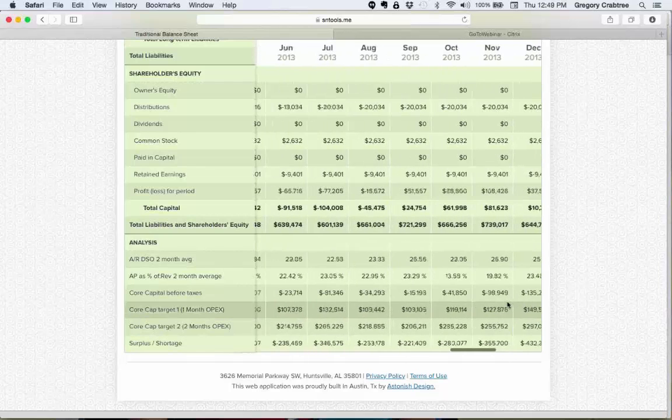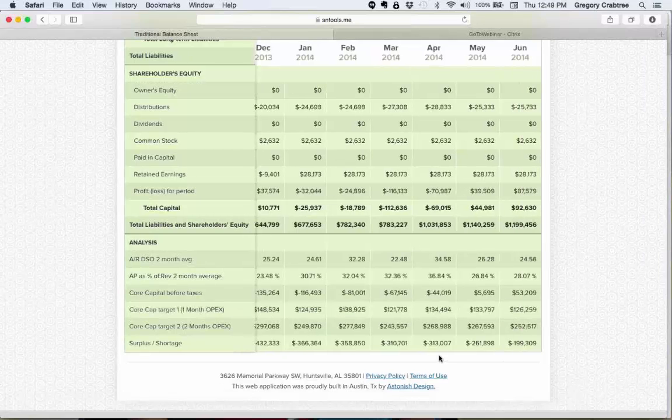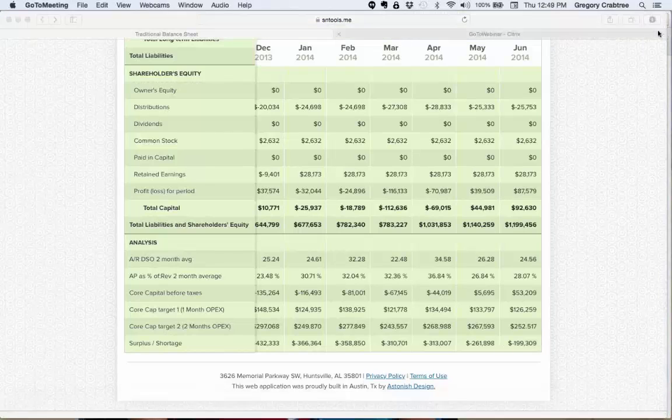So this business, you can see that they've been making progress of improving that. They were as high as 366 as a shortage, and now they're down to 199 because they've been able to produce profitability, and things are working much better now.